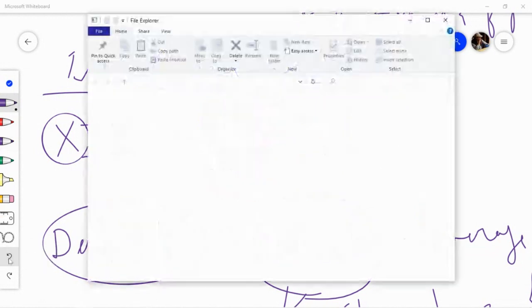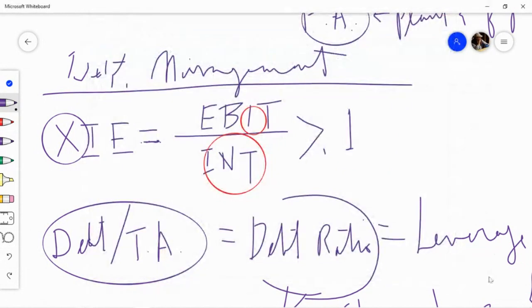No, it's not enough, of course. So the question is, what should this number be? You must compare it with the industry average. The rule of thumb is always the industry average.